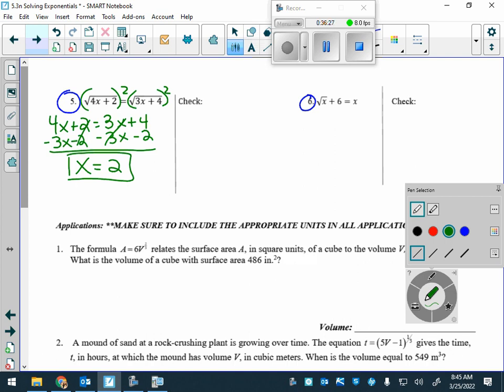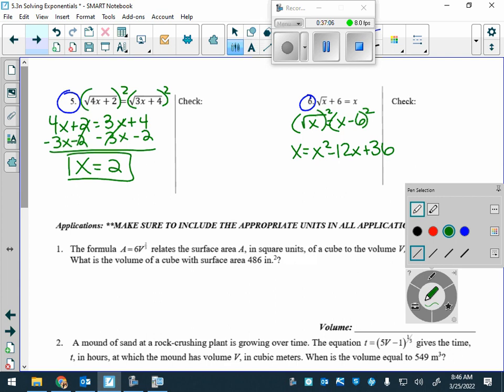All right, now let's look at number 6. What do you have to do first? You want to isolate that radical. So what do you have to do first? Yep. Subtract 6, x minus 6. Then we're squaring both sides, because you want to get rid of that radical. So you have x equals x squared minus 12x plus 36.